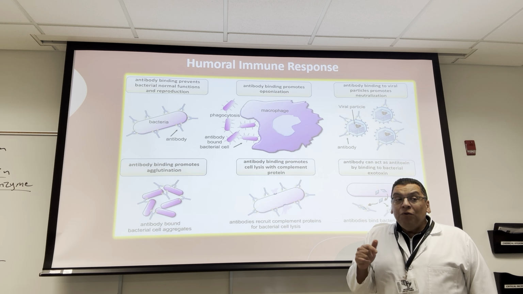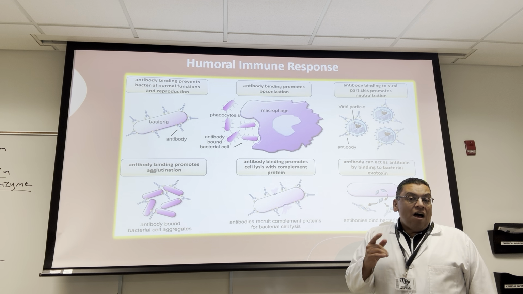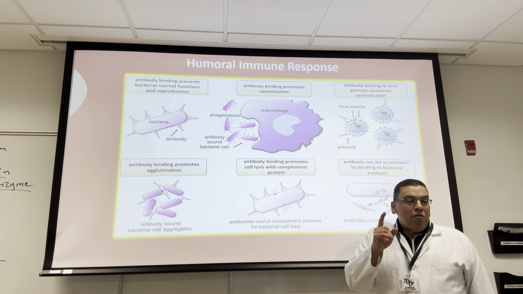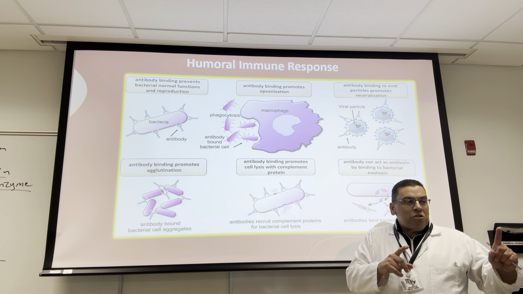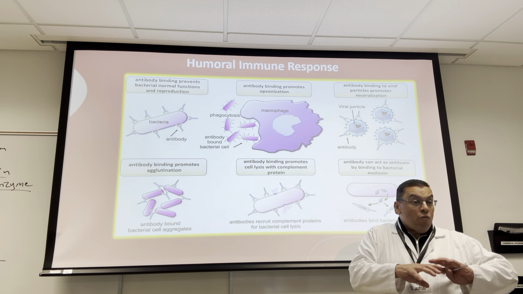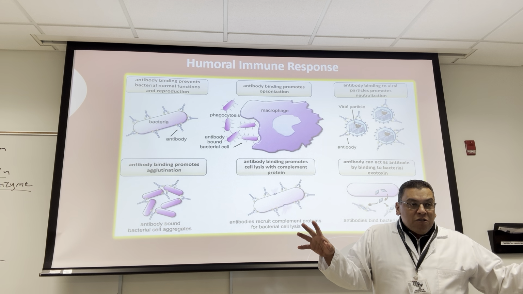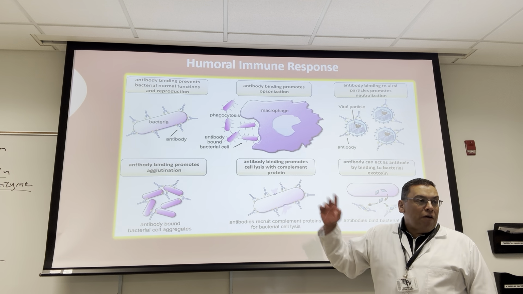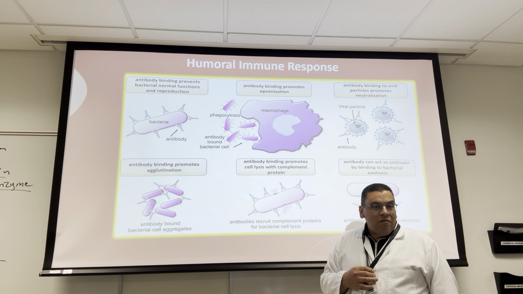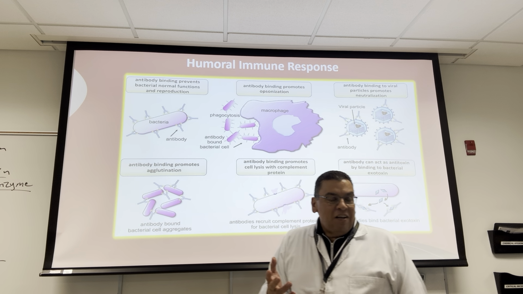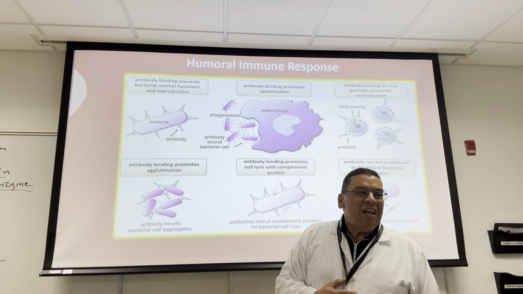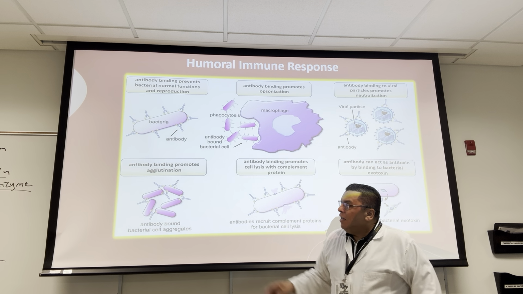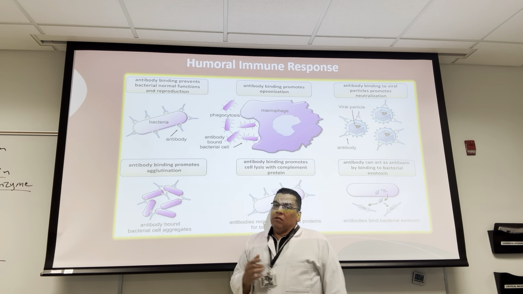If I want to keep you here, I can attach you to the two neighbors next to you, and then that person can be attached to the two neighbors next to them, and so we're all attached to each other. Okay, good luck leaving the room. We're not going to go anywhere because we're stuck together. That's called agglutination.